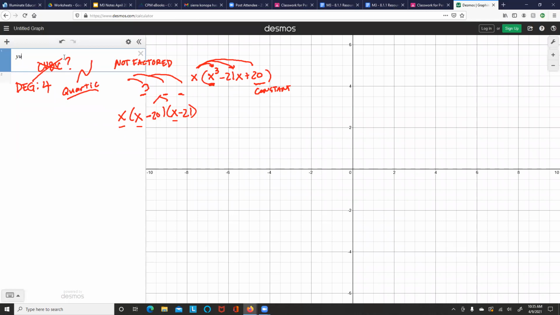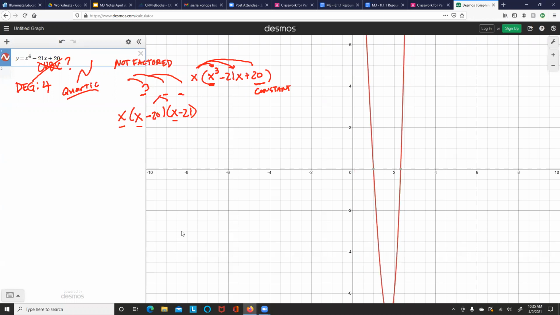Let's type in y equals x to the 4th power minus 21x plus 20. Was it 21x squared, or x? No, it was 21x, and it was 20.